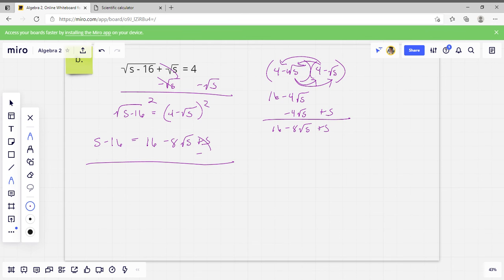So when I did minus s minus 16, all right, so that gave us negative 32 equals, those canceled, negative 8 times the square root of s. There we go. Because it wasn't a negative and a positive, it was two negatives. All right, divided by negative 8. Negatives cancel. 8 times 4 is 32. So 4 equals the square root of s.